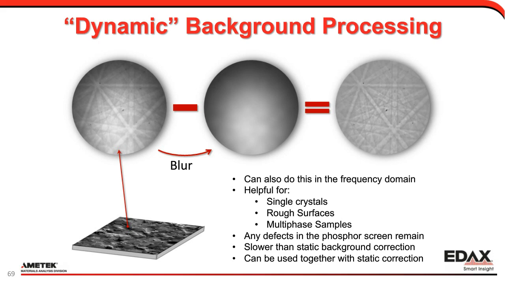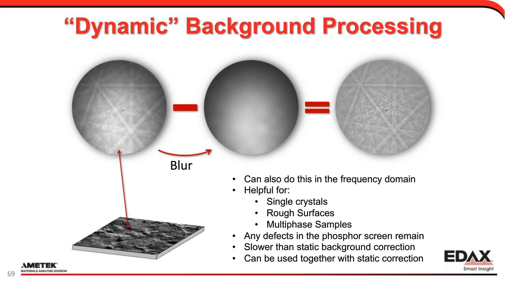This can be quite helpful if you have single crystals where it's very difficult to get a static background. You can do it for rough surfaces where that background is going to be changing. That gradient will move around because of the roughness of the surface. Or multi-phase samples where the signal is maybe stronger for one phase than another phase. One thing to watch out for is if you have any defects on the phosphor screen.